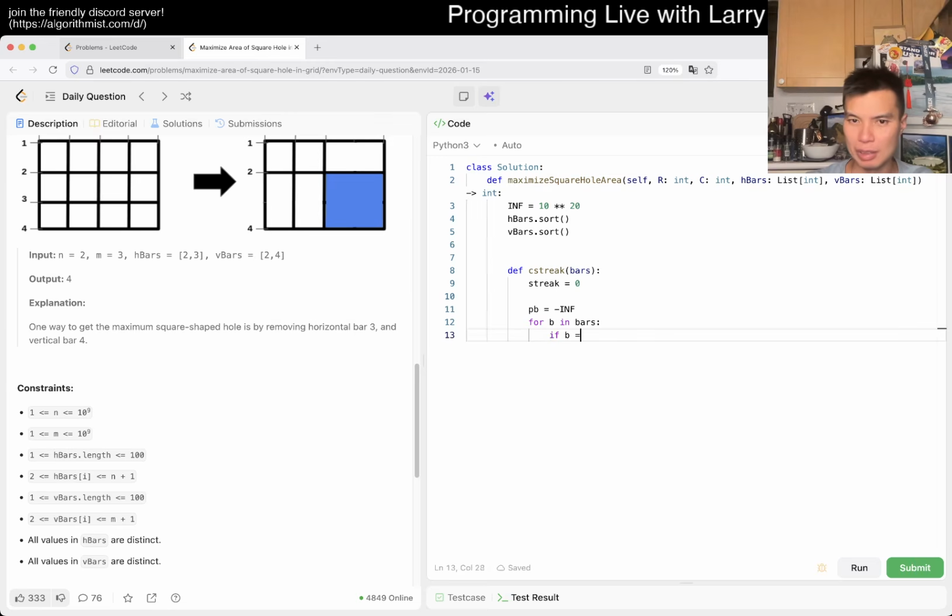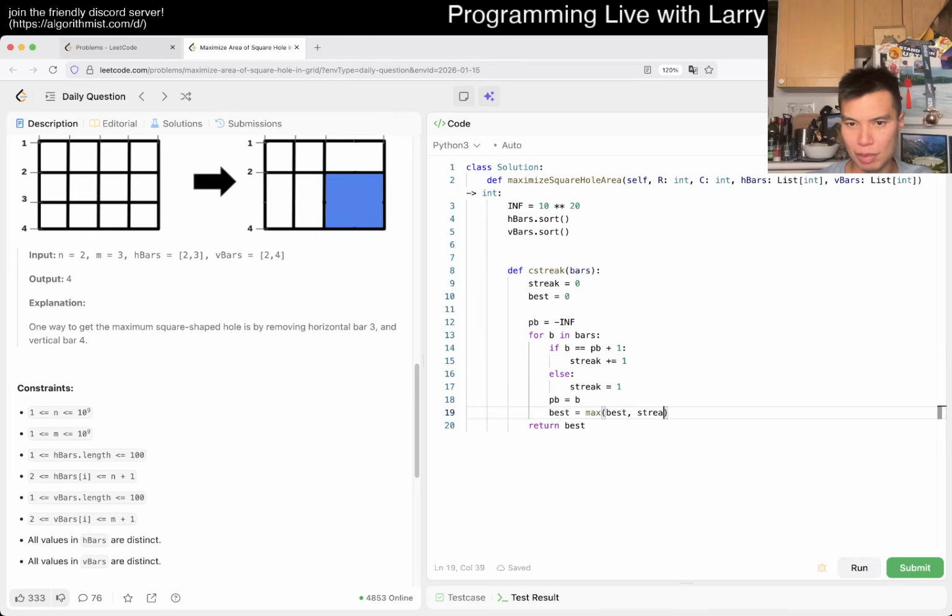If B is equal to PB plus 1, then streak increment by 1. Otherwise, streak is equal to 1, right? And PB is equal to B. And then we do max best, where best is the longest streak.